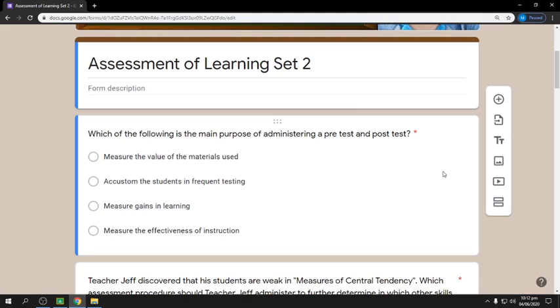And the purpose of the post-test is to identify if our learners or students or pupils have learned something. That change is basically a gain in their learning, correct? So I would pick C, which is to measure the gains in learning.